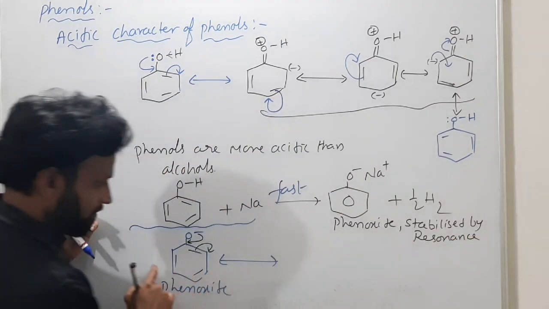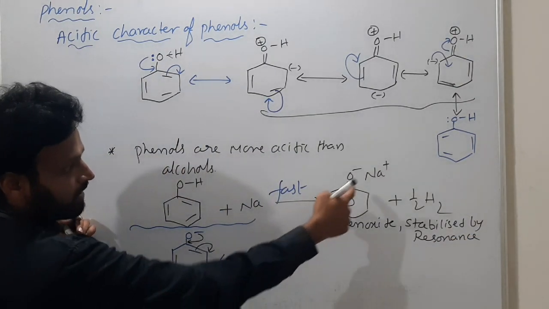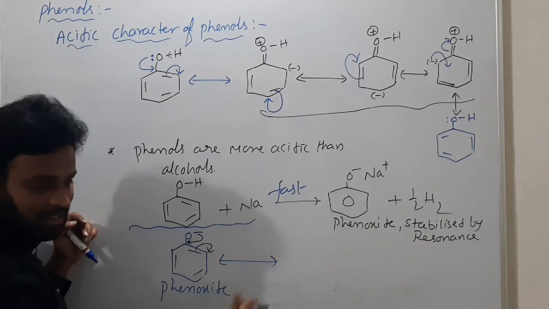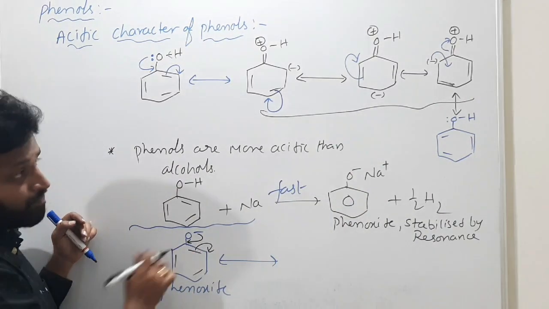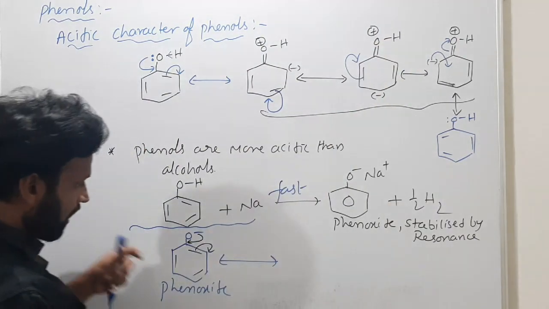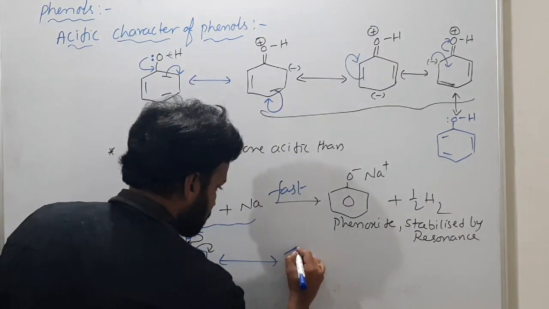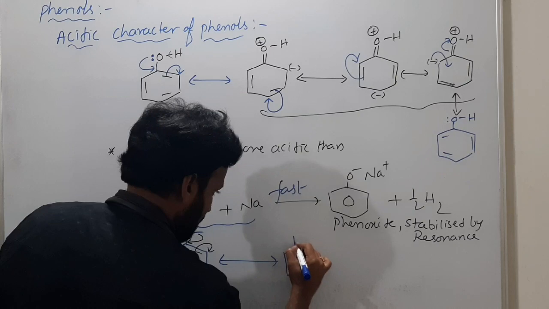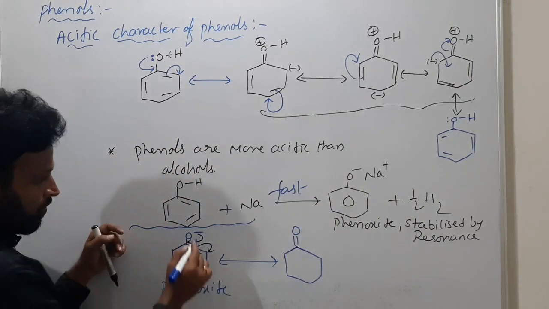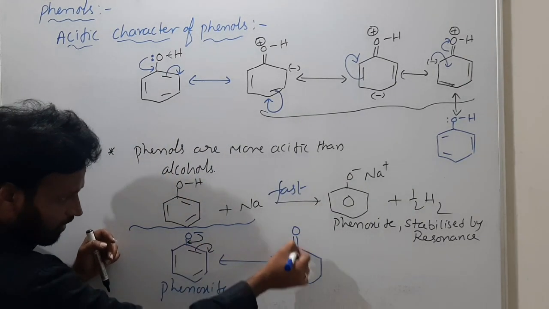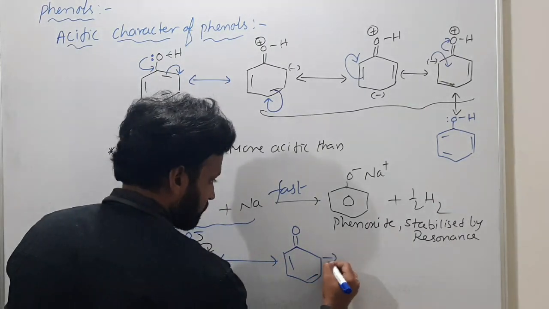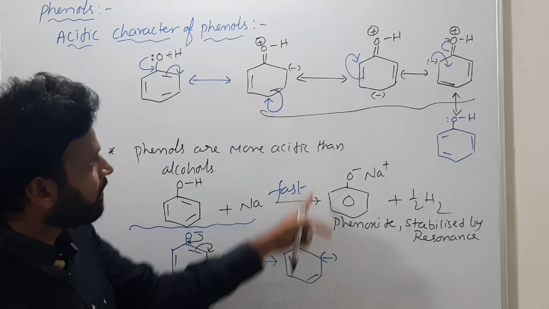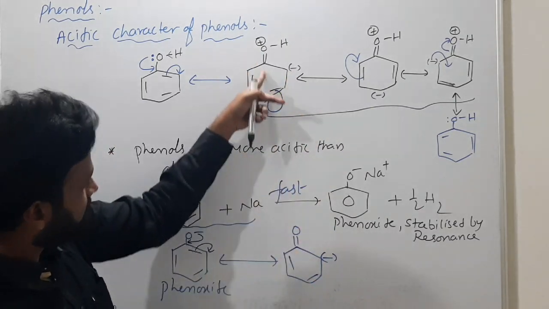Resonance. I am showing here. This is phenoxide. Na is not involved, Na plus, that's it. This sodium phenoxide is involved in resonance in the same manner. How? Let's see. C6H5 and double bond O. Why double bond O? The negative charge came over here, so double bond O, these two pi bonds like this, and here negative charge. Same manner or not?